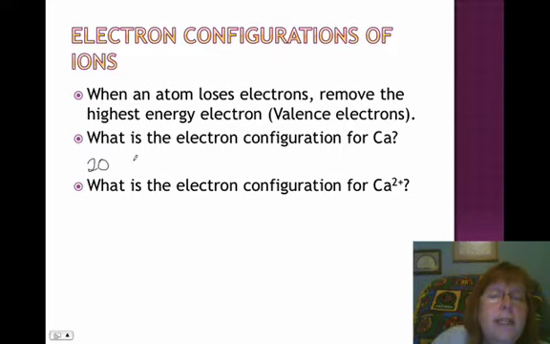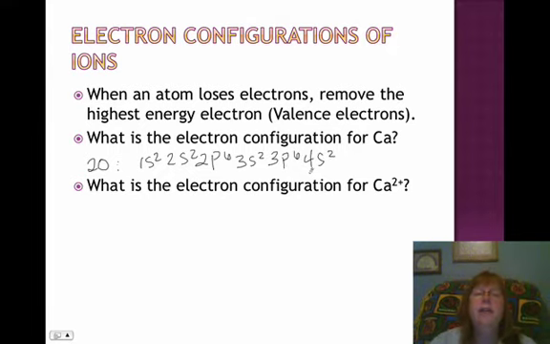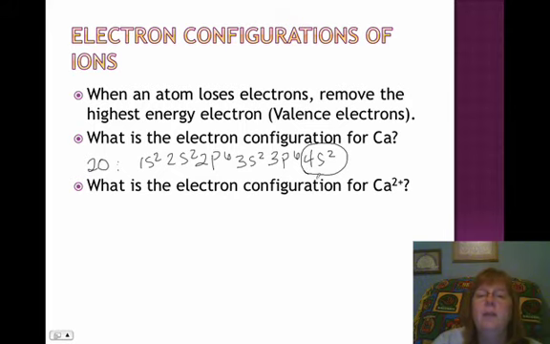Calcium has 20 electrons, and so its electron configuration is going to be 1s2, 2s2, 2p6, 3s2, 3p6, 4s2. Looking at this electron configuration, the valence electrons are the electrons in the outermost shell, the highest number of n, so it's these 4s2 electrons.